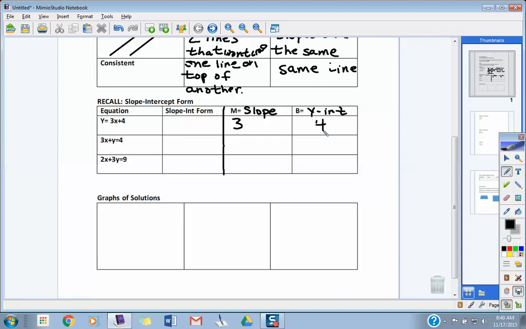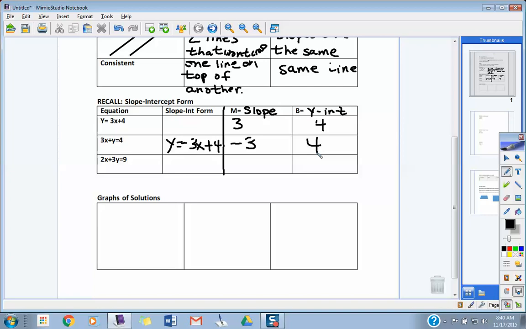The 3x. So if the 3x is positive on the left, what shall it be on the right? Negative. So to get y alone here, this is the same as y equals negative 3x plus 4. How about your slope here then? Negative 3. McKenna, what's the intercept? 4. Great.